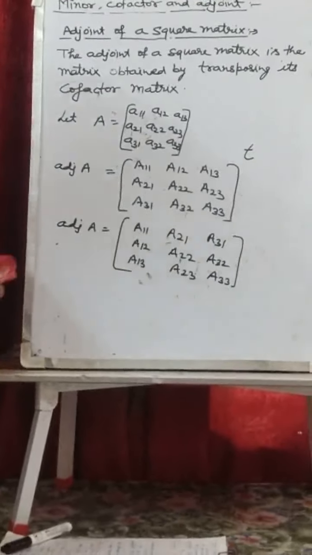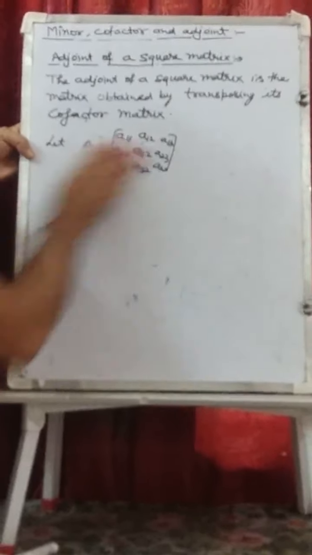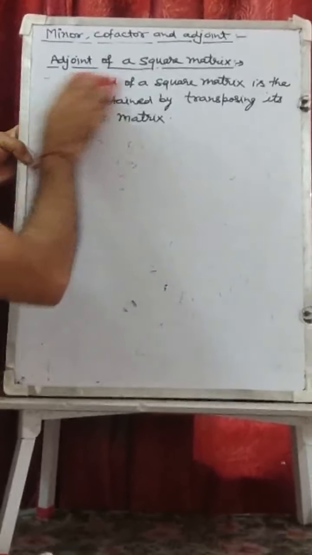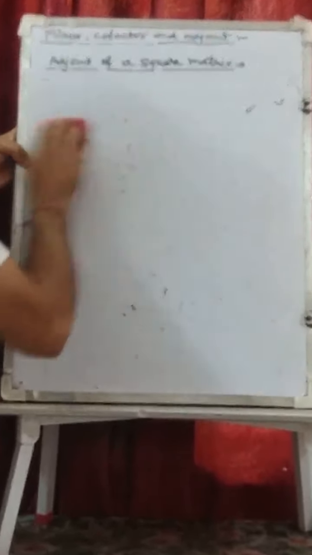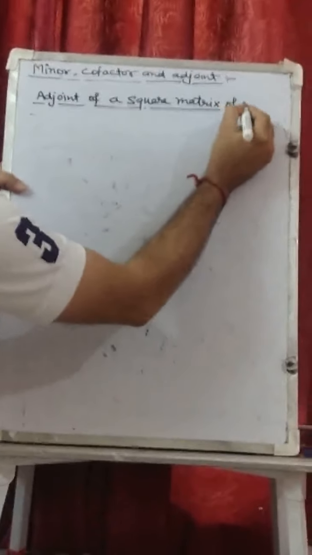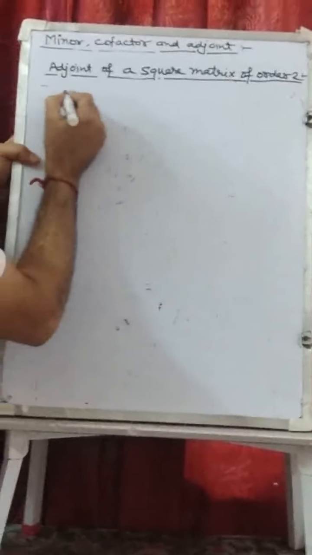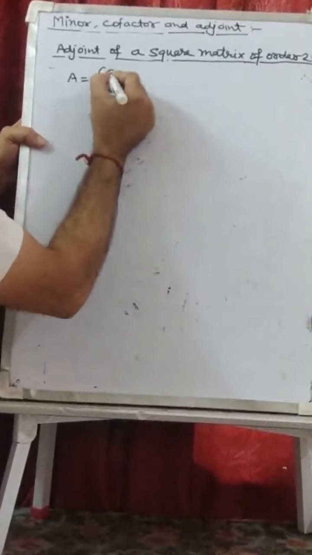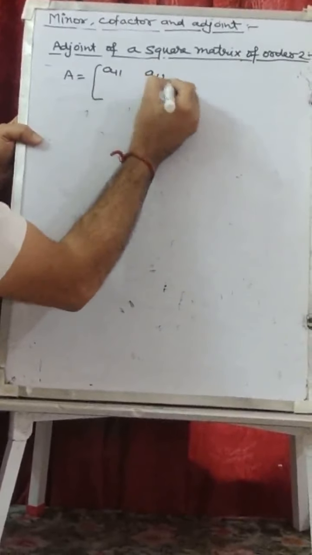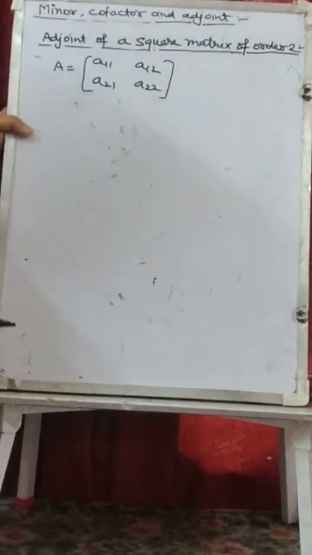Now we have a trick for finding the adjoint of a 2 by 2 square matrix. Adjoint of a square matrix of order 2. Let us take, this is the square matrix A11, A12, A21, A22, and we want to find its adjoint.